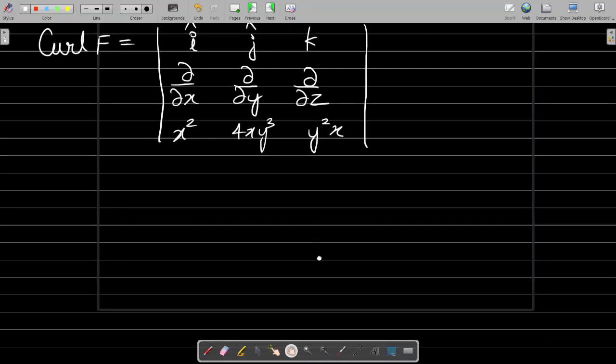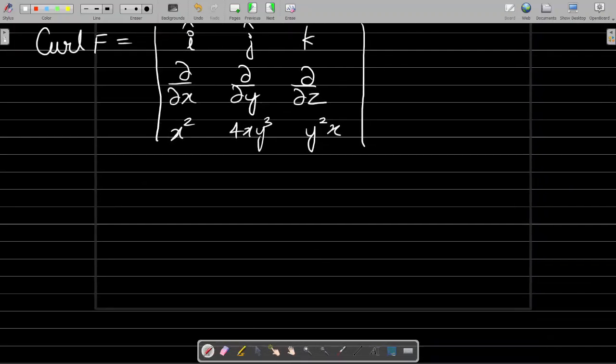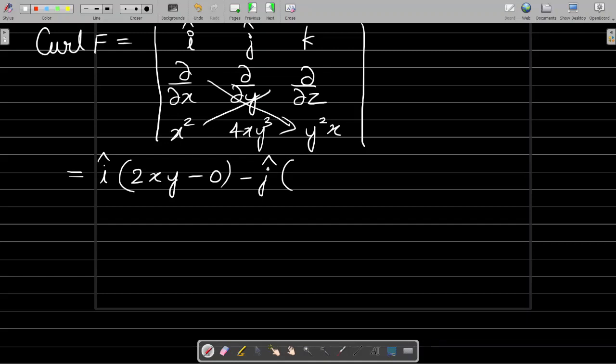Now evaluate this determinant. You'll have i into dou by dou y of y square x minus dou by dou z of 4xy cube. Dou by dou y of y square x is 2xy, minus dou by dou z of 4xy cube is 0. Minus j into dou by dou x of y square x minus dou by dou z of x square.